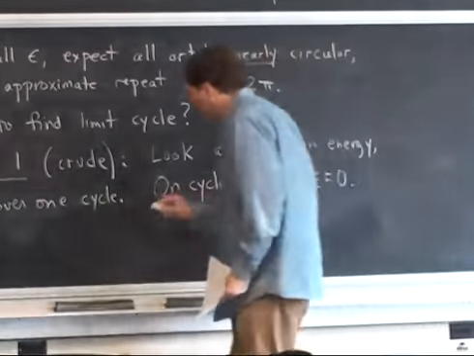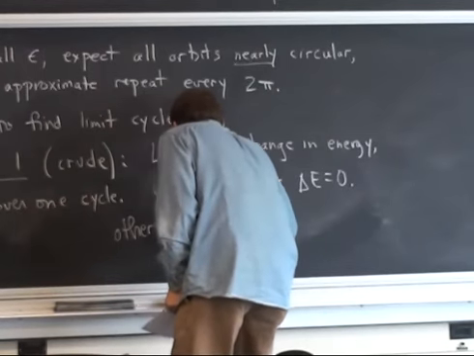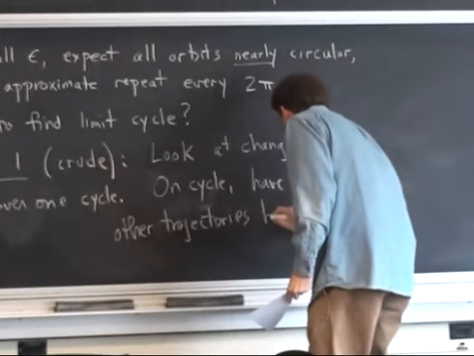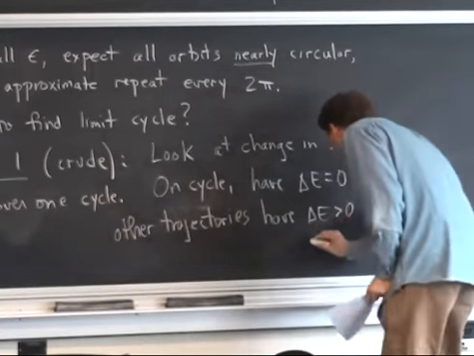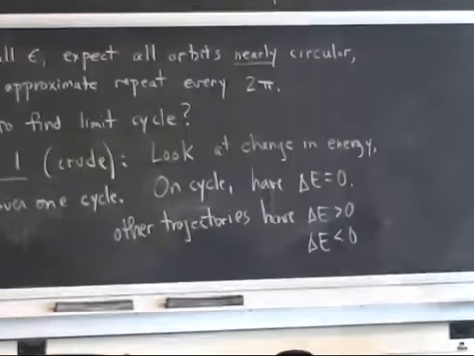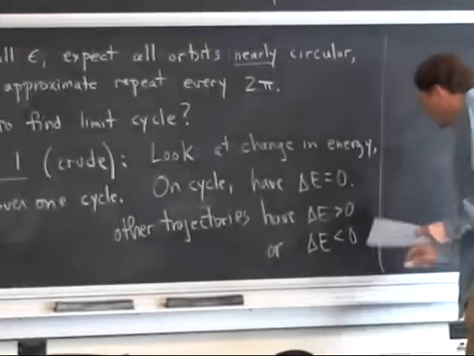The other trajectories have the change in energy either positive if they're on the inside of the cycle or negative if they're damping out from the outside of the cycle. All right, so use that little intuition.